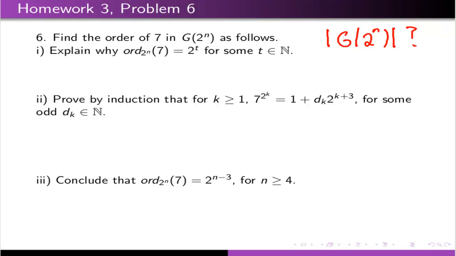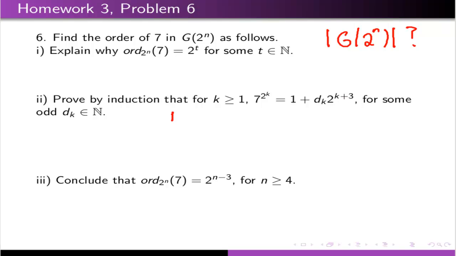Next, prove by induction that 7 to the 2 to the k power has this form. So you've got a base case, test that out when k is 1. And then in the inductive step, all we do is square this equation and show that it has the desired form.